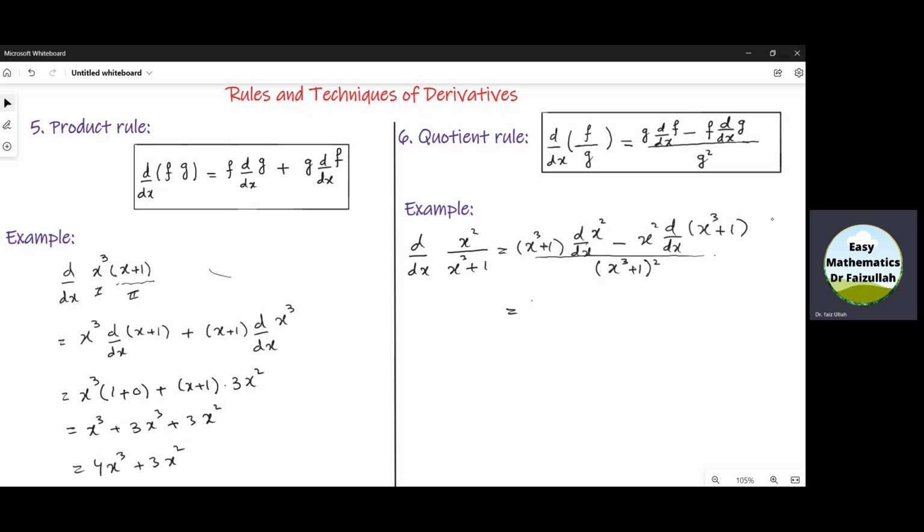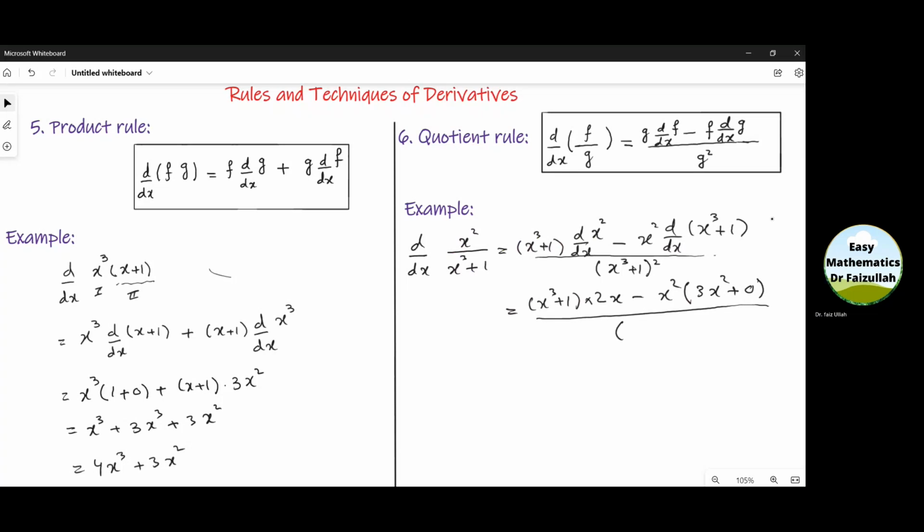So we have x cube plus 1, differentiation of x square is 2x, minus x square, and differentiation of x cube, that is 3x square, differentiation of constant 1, 0, whole divided by x cube plus 1 whole square. Let us simplify it a little more.